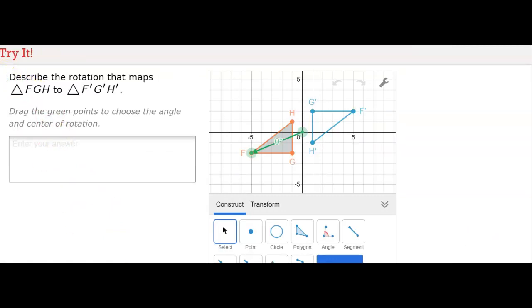Describe the rotation that maps triangle FGH to triangle F'G'H'. It says drag the green points to choose. If I drag this, there we go, 180 degrees.